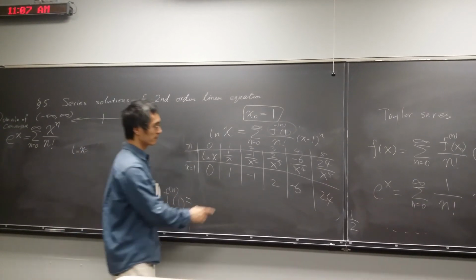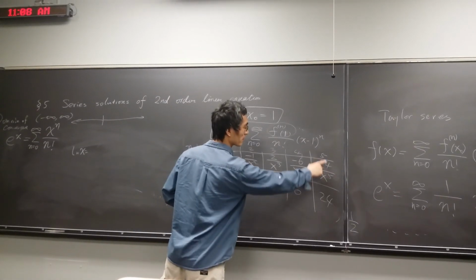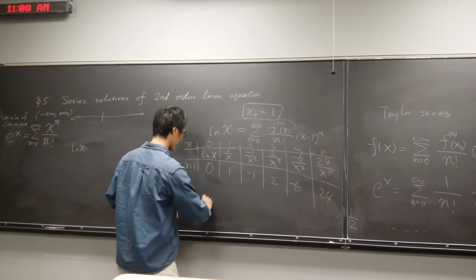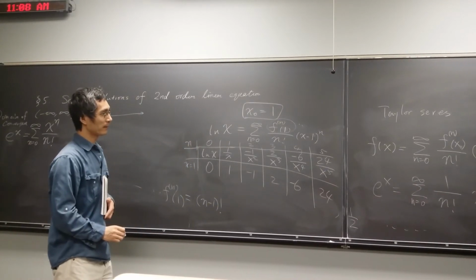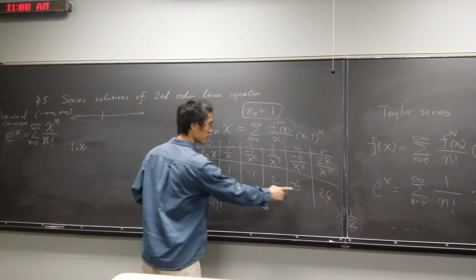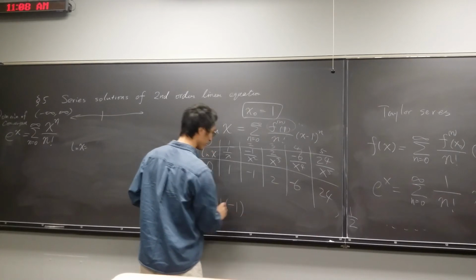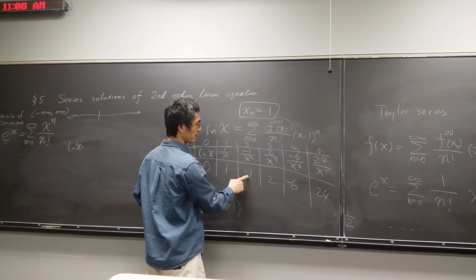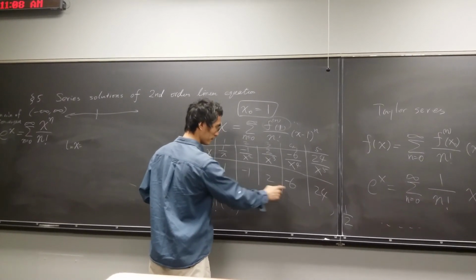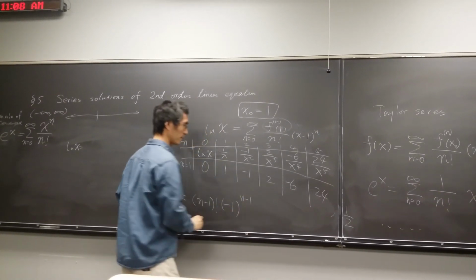Well, you can see this number is just a factorial, right? But not n factorial, it's n minus 1 factorial. And you have an alternating sign. So you have negative 1 to some power. What power? When it's even, you have negative. So this is n minus 1, right?